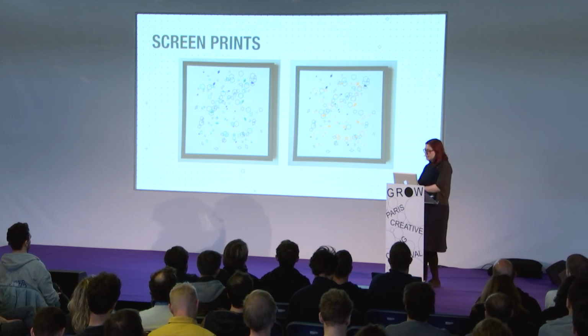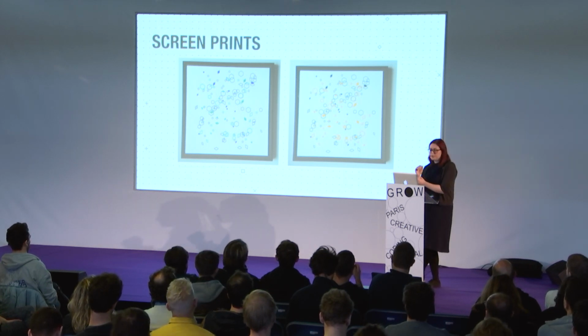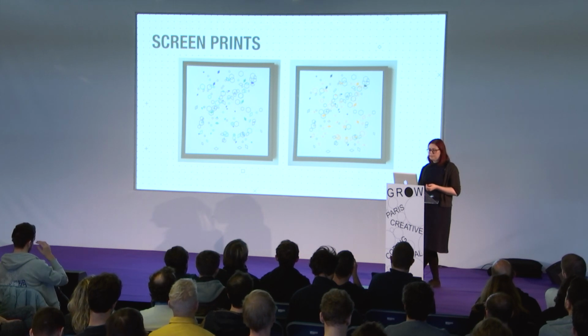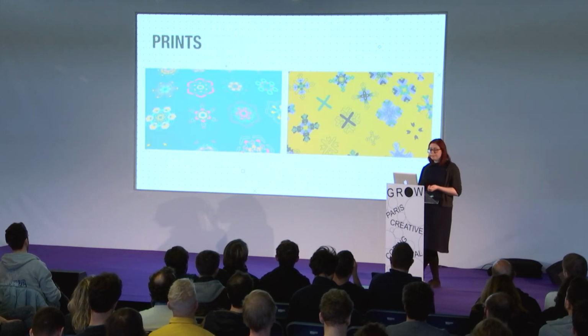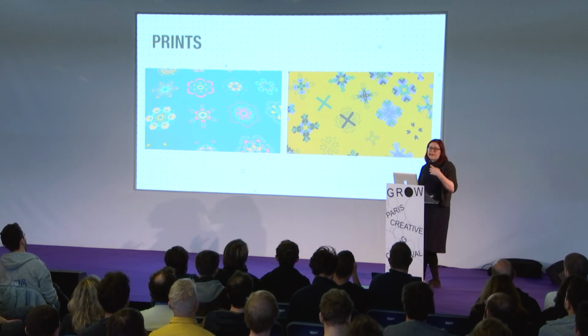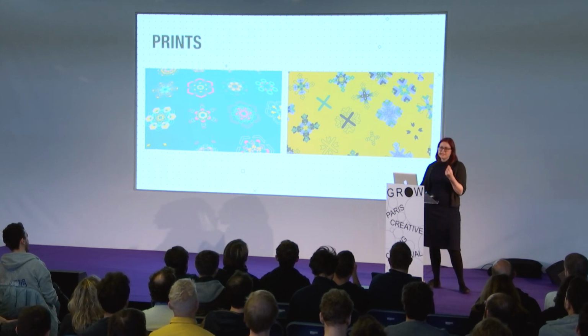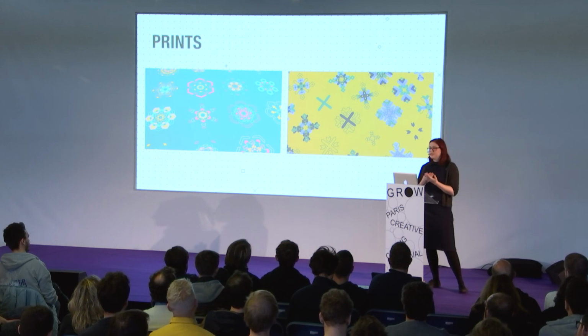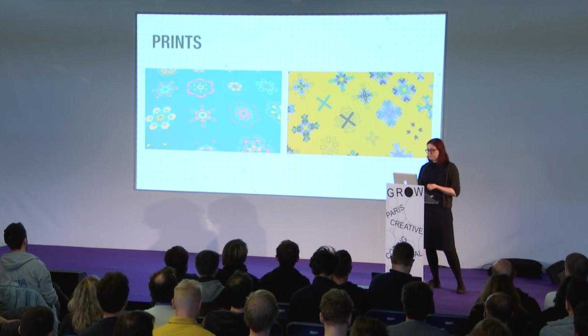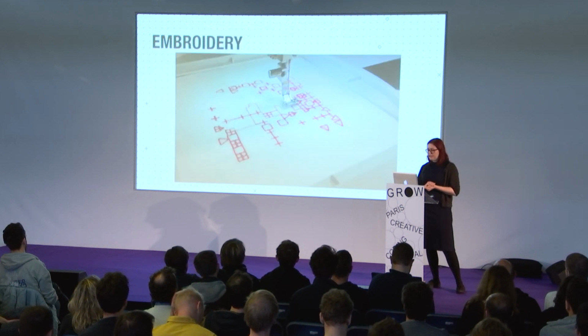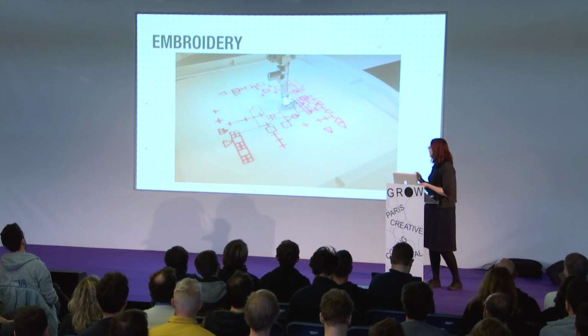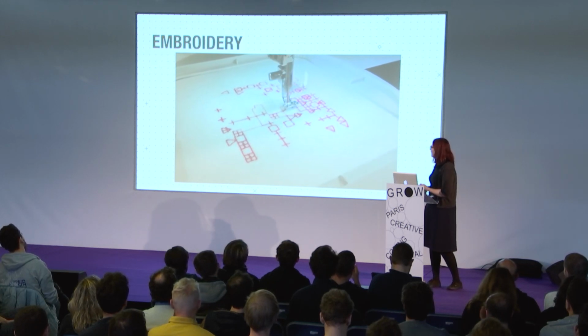I've done some screen prints in the past that I really want to explore some more, as well as high-quality art prints. It's just amazing to see it printed on paper, to have some structure, to have it less digital. And I made a little test this year when I had an embroidery machine.